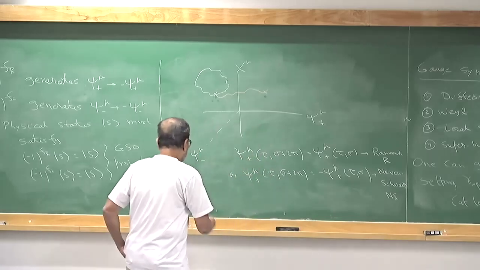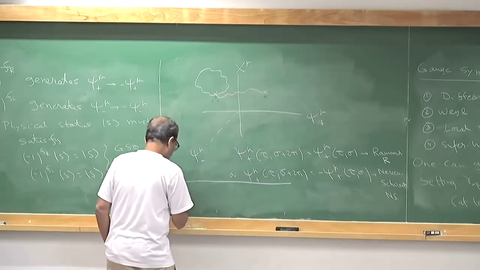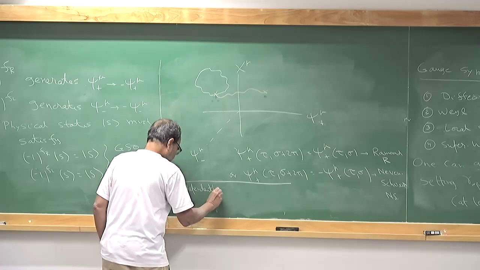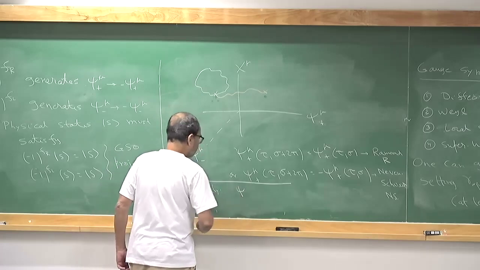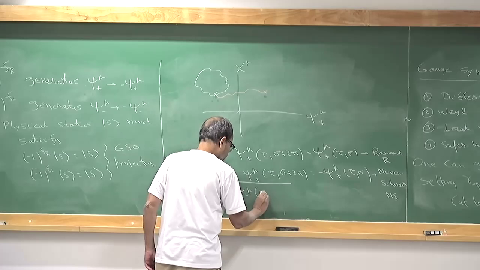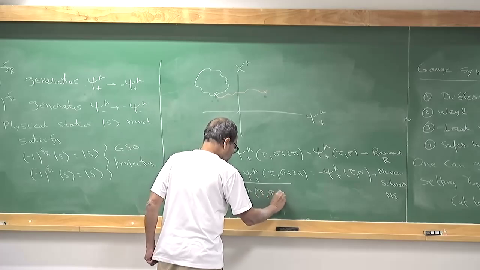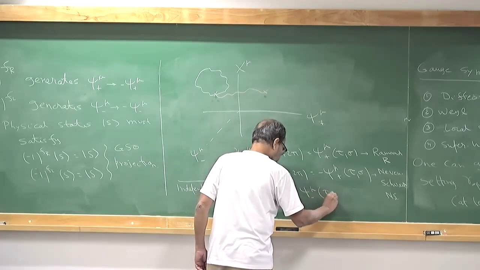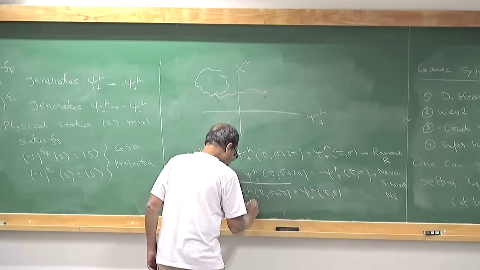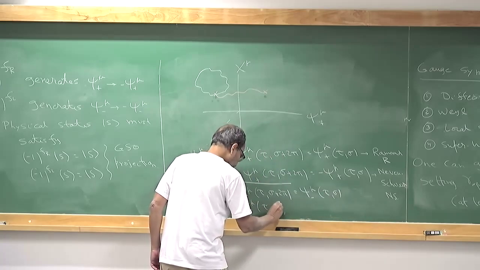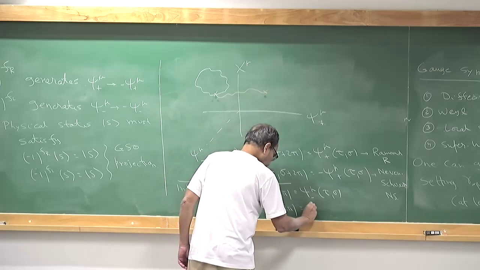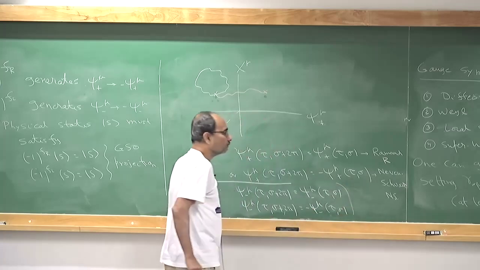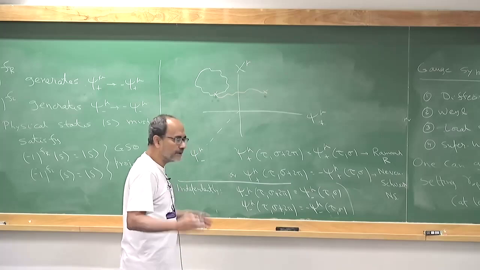And independently, we have these two choices for psi minus. So you have four sectors.